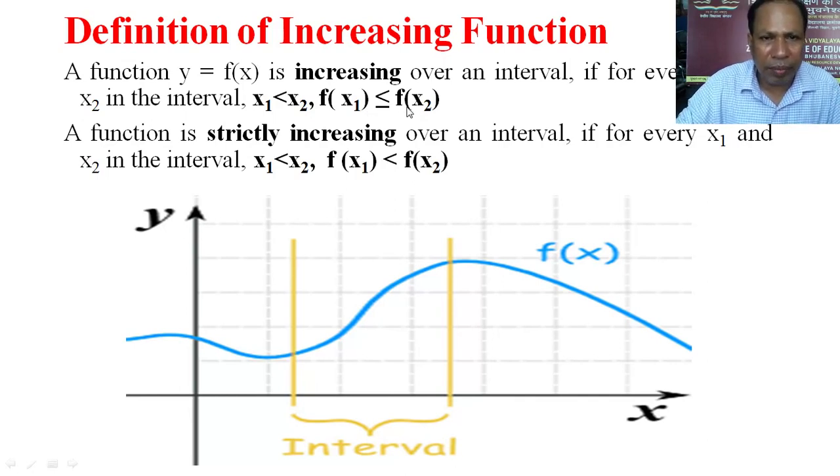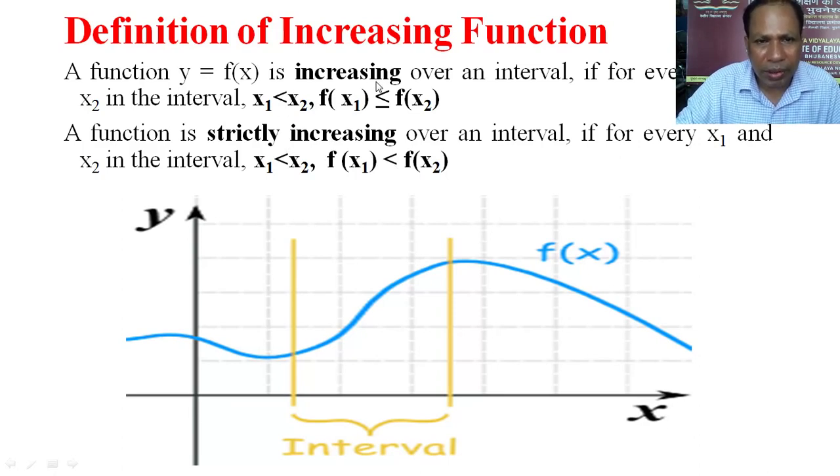Then we say the function is increasing in that interval. And the same function is said to be strictly increasing over an interval if for every x1 and x2 in the interval, x1 less than x2 implies f(x1) is strictly less than f(x2).